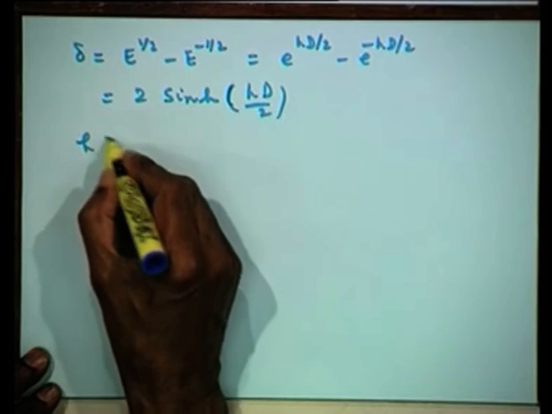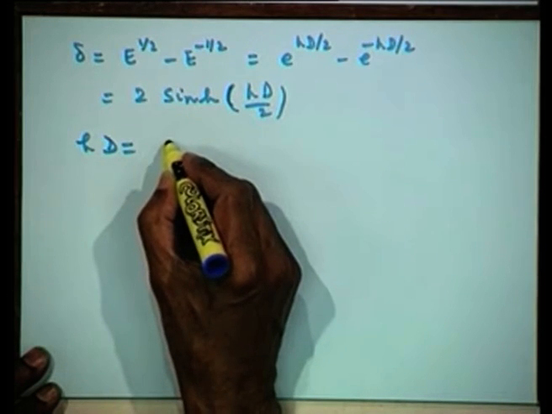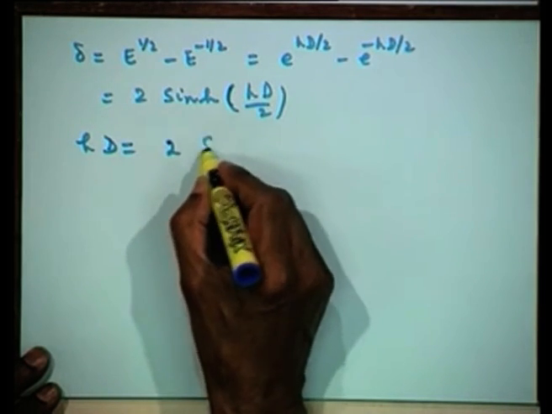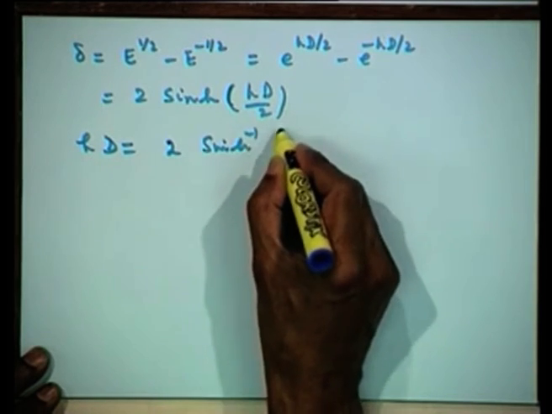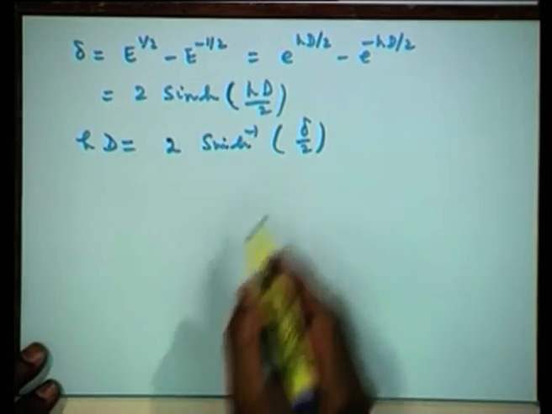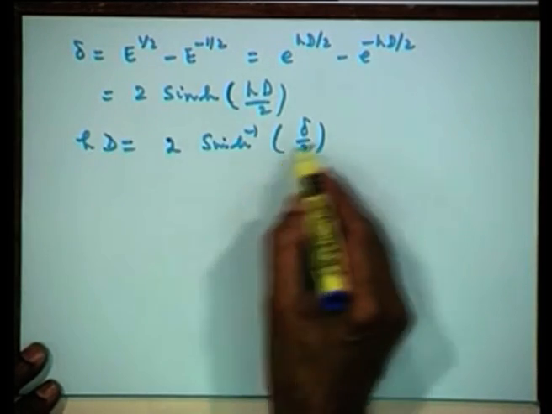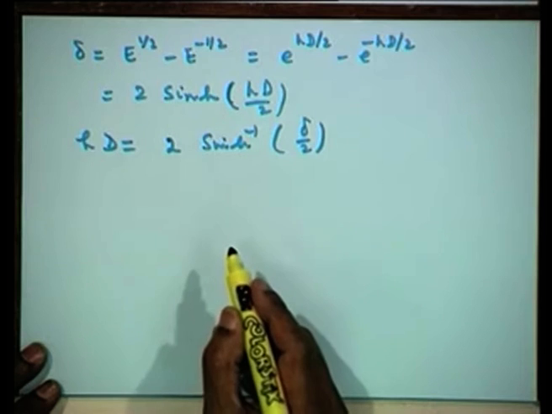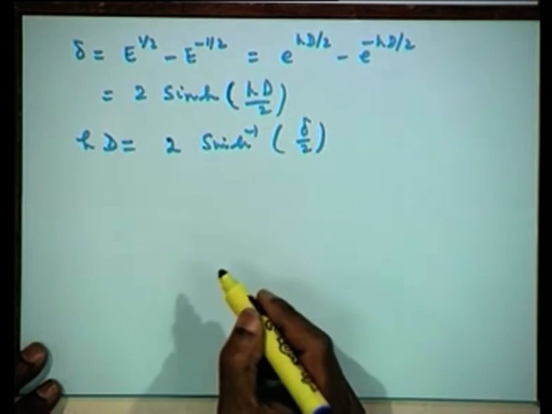Therefore, h d is equal to 2 times sin hyperbolic inverse delta by 2. We bring 2 to the denominator, invert it, sin hyperbolic inverse h d is equal to 2 sin hyperbolic delta by 2.